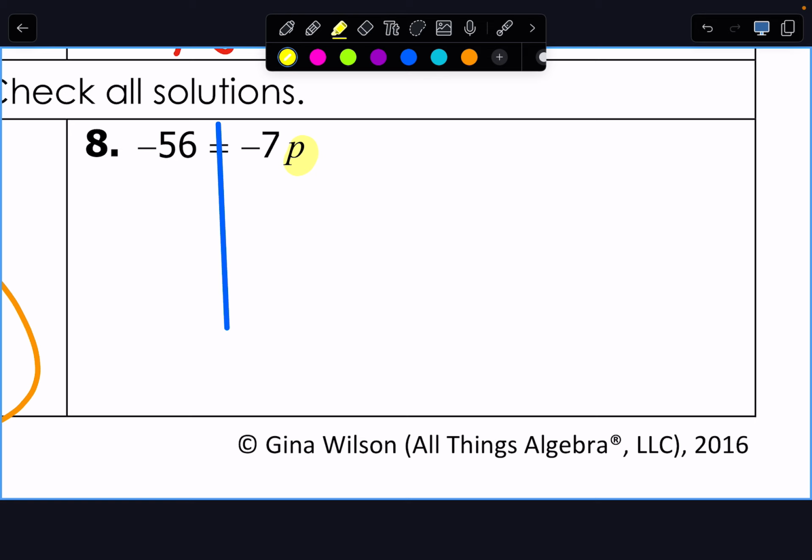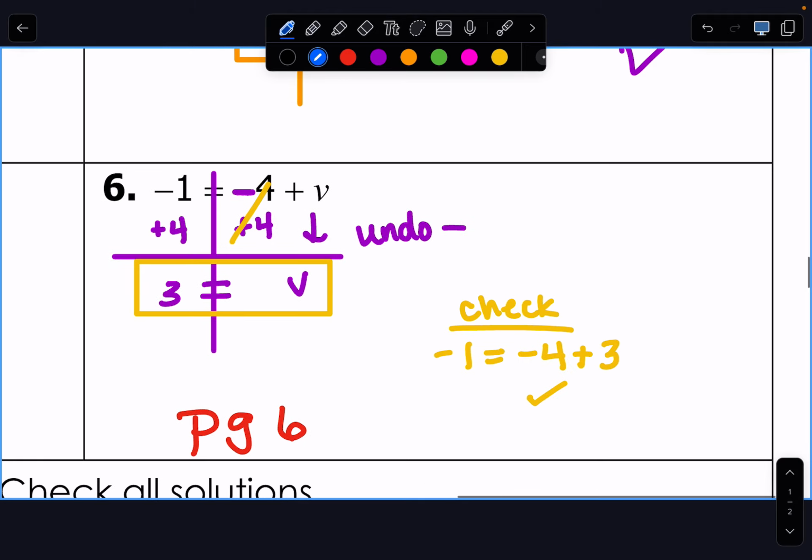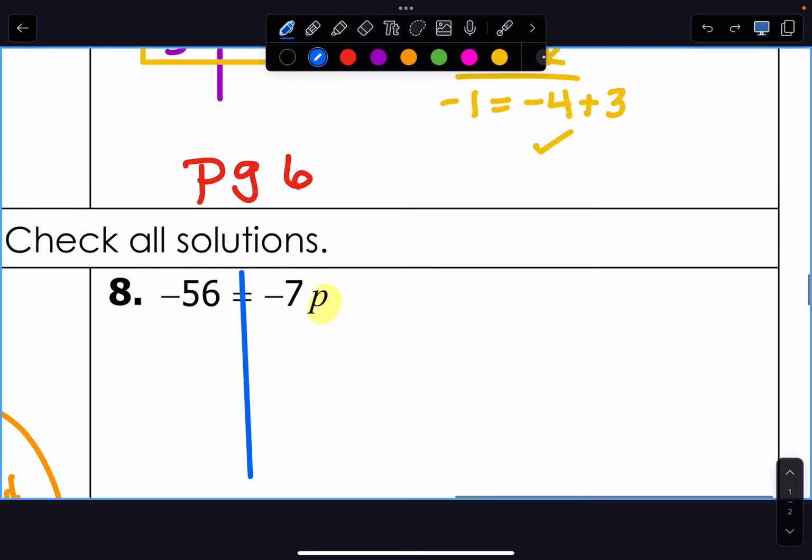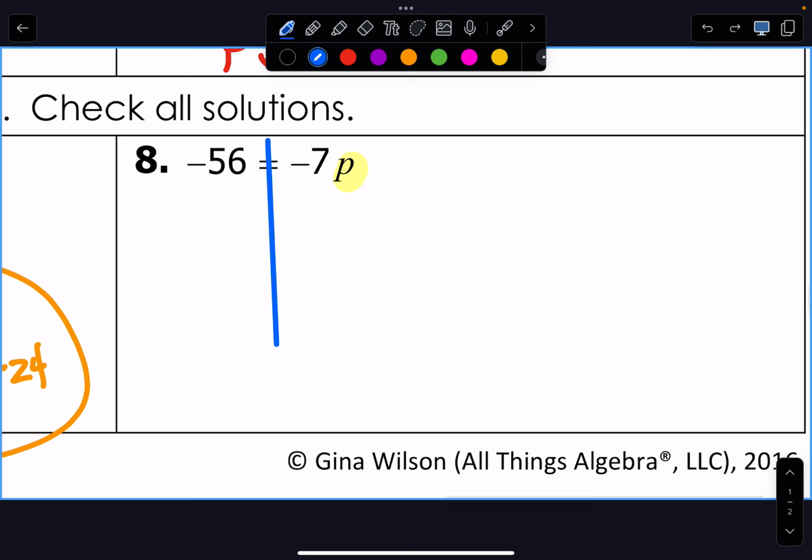So what number do we need to move? We need to move -7. Now, I know it's tempting. Yesterday, when we had a negative number, we added it to both sides. However, yesterday, there was an addition sign in between. Here, what is in between -7 and P? Nothing, so we know it's multiplication. So we need to undo multiplication.